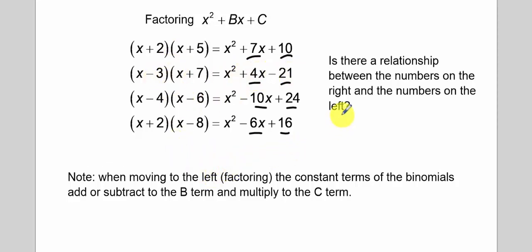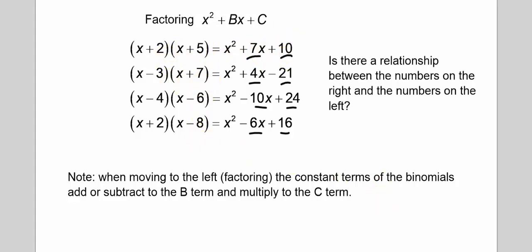So this is what we're going to look to do. We're going to take a trinomial with a 1 coefficient in front of the x squared term and factor it into two binomials where our two numbers multiply to the c term and add to the b term.